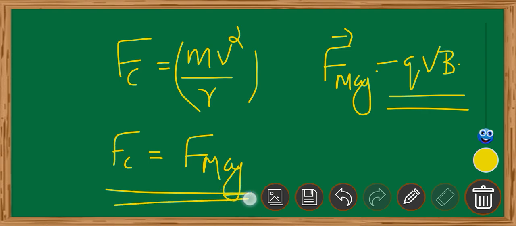Using this relation we have to find the radius of that circular path taken by the charge q, that is the charge of this electron. So Fc equals F magnetic.